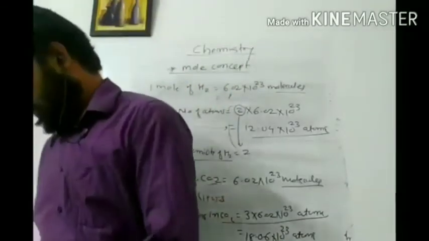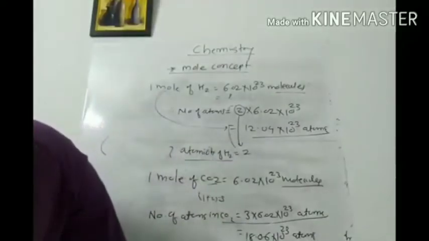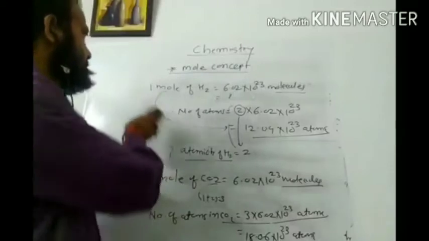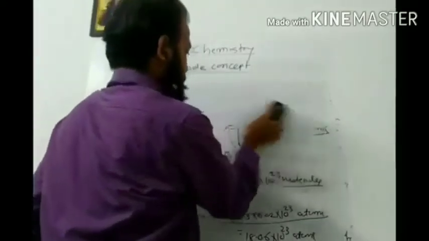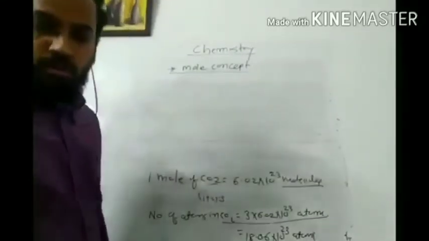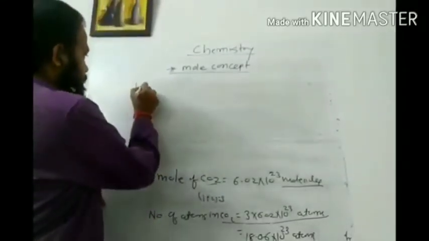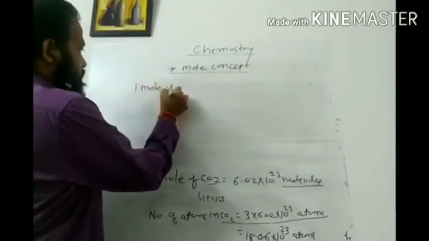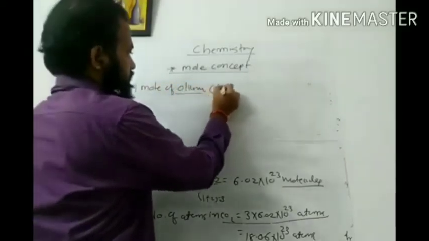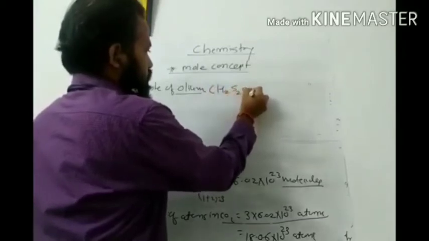Okay, so we will take one more example. 1 mole of oleum. Okay, a common example. Oleum is nothing but H2S2O7.